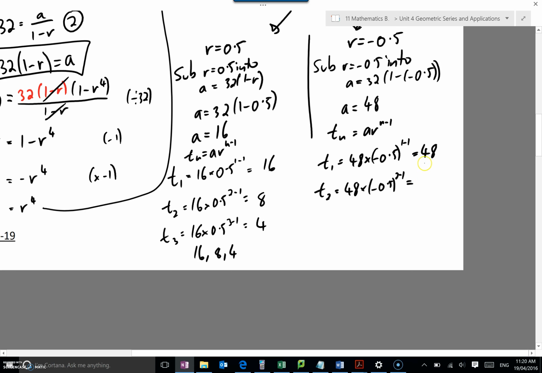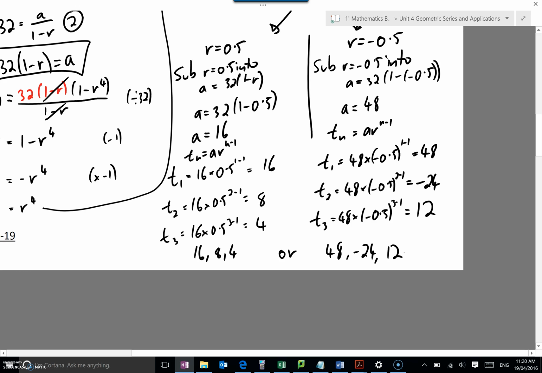I'll get minus 24. Term 3, same thing, minus 0.5 to the power 3 minus 1. I'll get 12 there. So the first three terms could be 16, 8, and 4, or 48, minus 24, and 12.